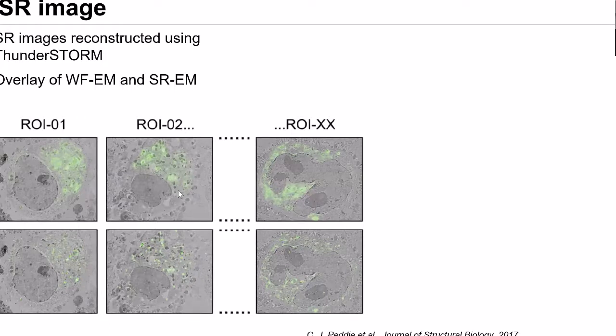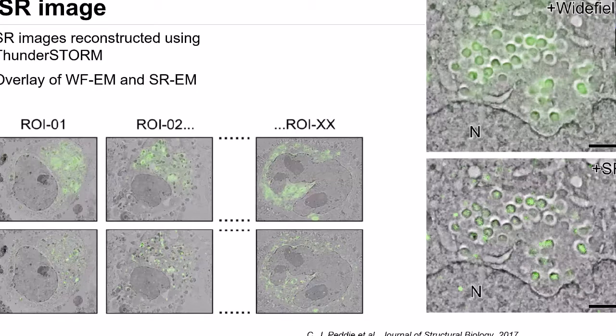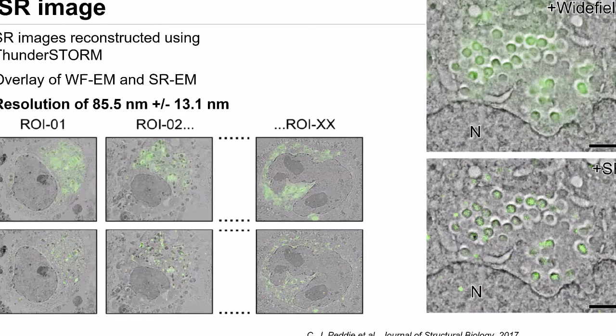And zooming in, if we look at a high resolution of one of these, you can see clearly, if you compare the resolution in the wide field image of the fluorescence, the green spots, with the super resolution mode, you can see the clear enhancement in resolution, optical resolution. In fact, the resolution is 85.5 nanometers. So this is a super resolution system based on the SECOM platform.